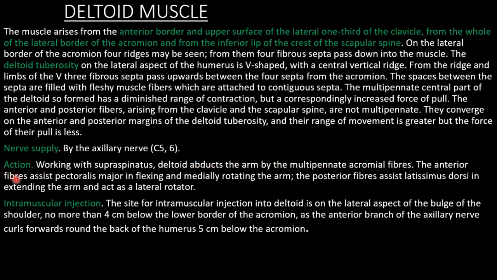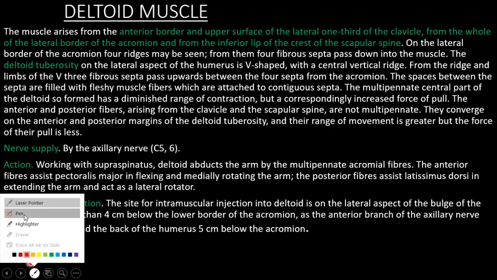Now, the anterior fibers or the clavicular part, usually in conjunction with the pectoralis major, assist in flexing and medially rotating the arm. Then the posterior fibers or the scapular fibers assist the latissimus dorsi in extending the arm and also act as lateral rotator of the arm. So that is why I've said it is like a 3-in-1 muscle.